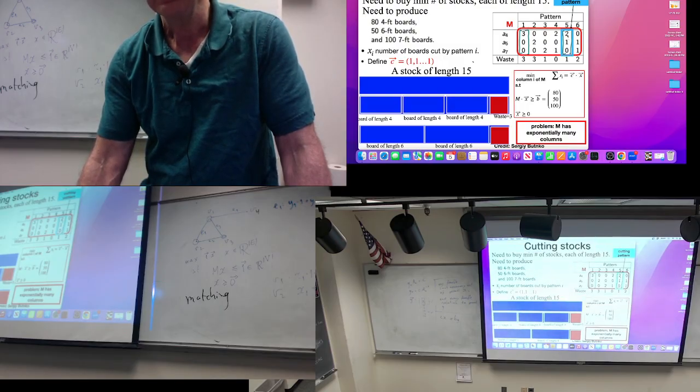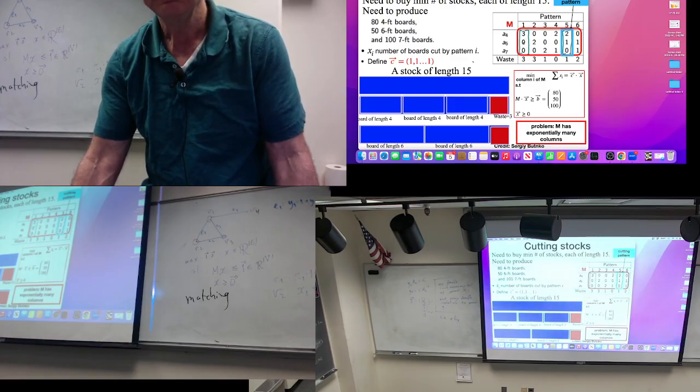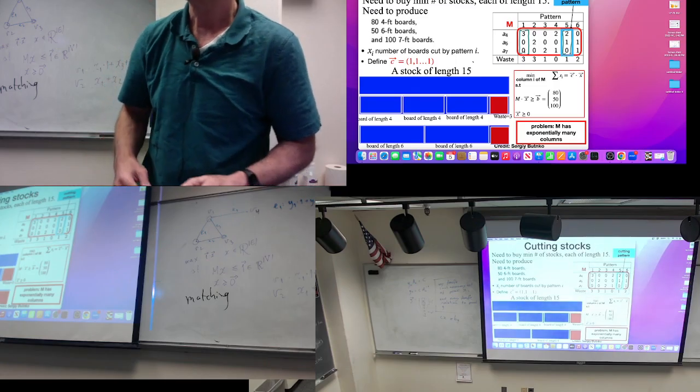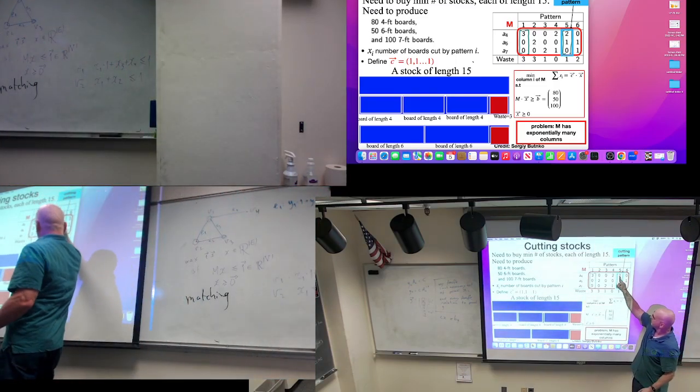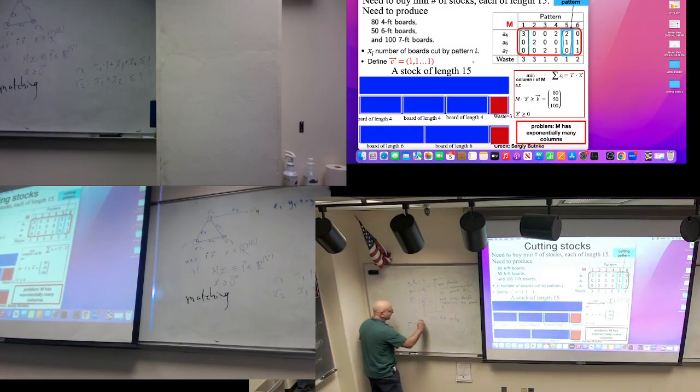I have a cutting pattern, for example, A4 equals 2, A6 equals 1, A7 equals 2, meaning in this drawing, you can cut it into boards of length 4, 6 and 7. This highlighted cutting pattern means this is 15 feet and I can cut it into 1 board of length 4, another board of length 4, and 1 board of length 6.